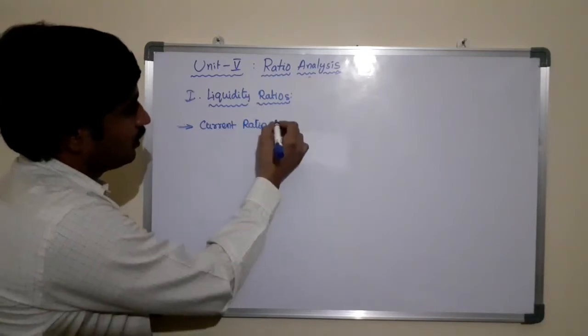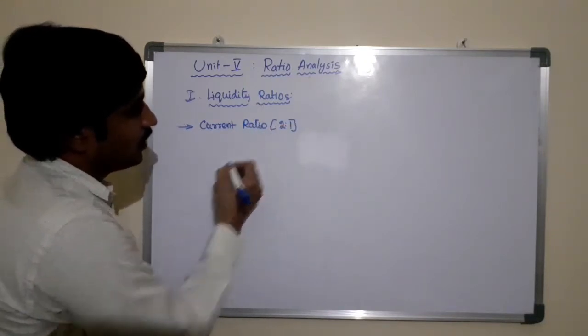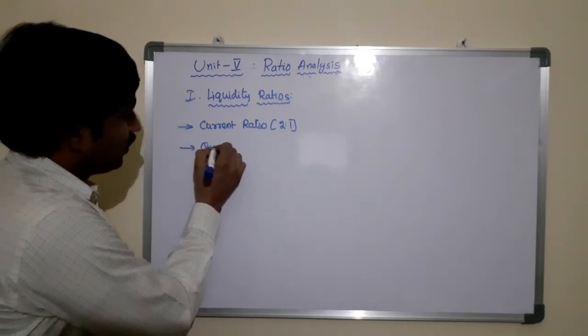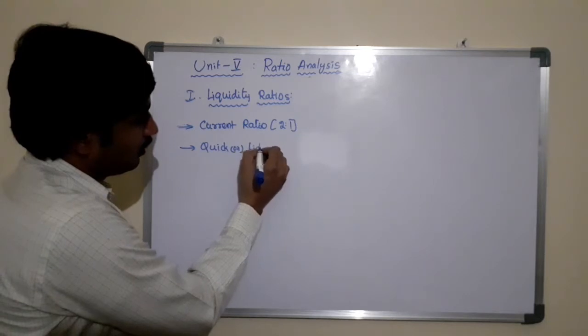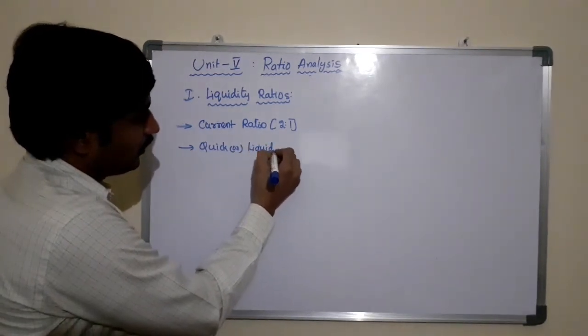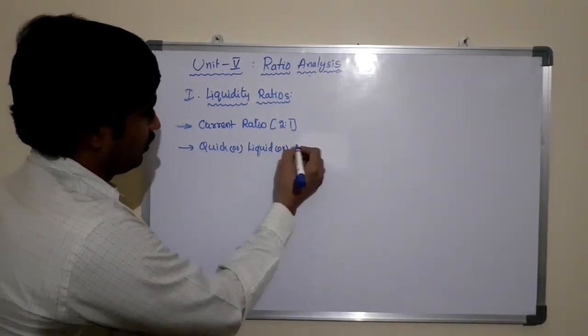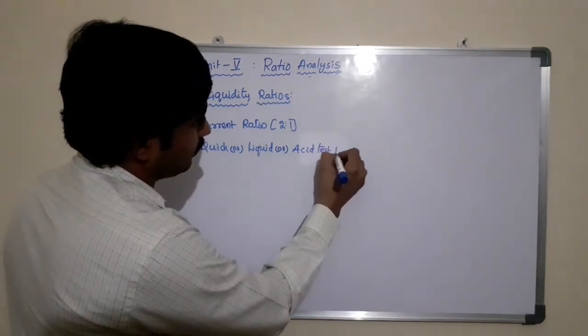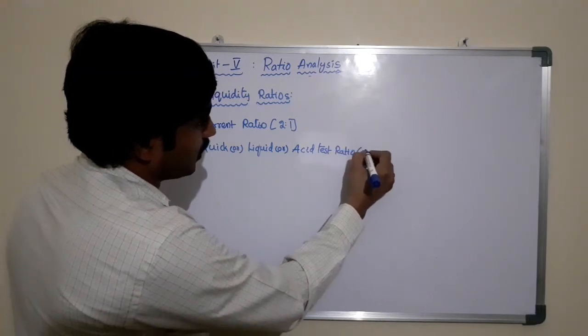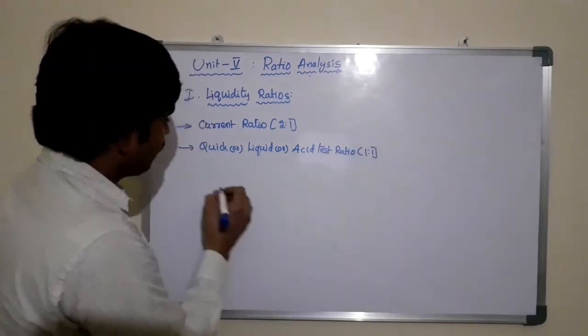These ratios are classified into three. The first is the current ratio, whose ideal standard is 2:1. The second is the quick, liquid or acid test ratio, whose standard is 1:1.